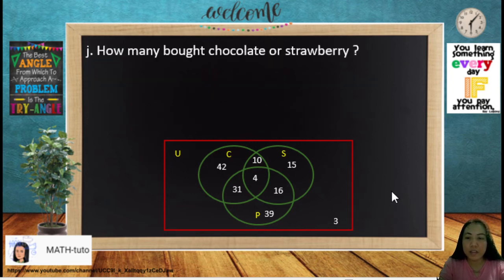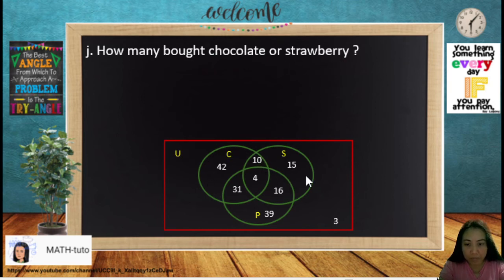Okay? Next question. How many bought chocolate or strawberry? So this is similar to the question before, but in the previous question we have but not. Here, there is no restriction. So, it will just be the union of chocolate and strawberry.